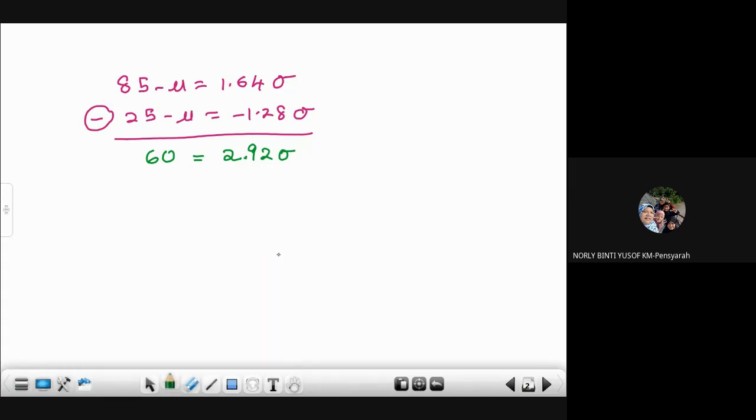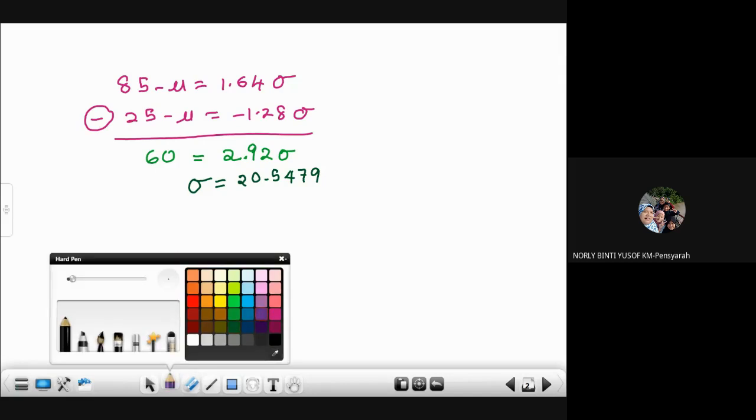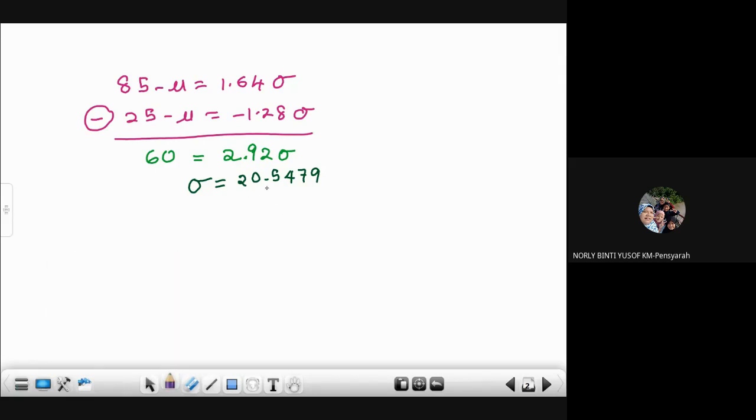Then you solve, and you get in 4 decimal places 20.5479. If you want the answer in 4 significant figures, 20.55. If the question does not specify, giving the decimal places is also okay.